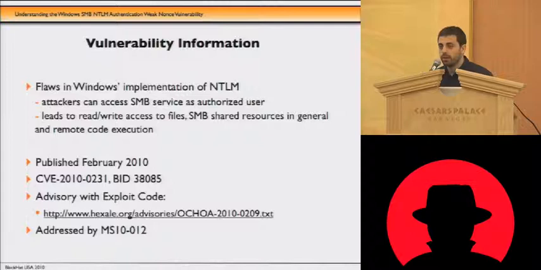We published this vulnerability at the beginning of this year, and we also published an advisory at that point in time, and there is a patch already for this vulnerability.